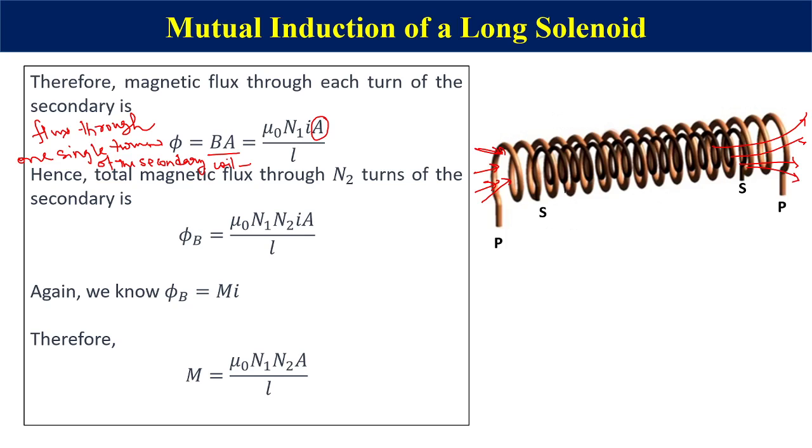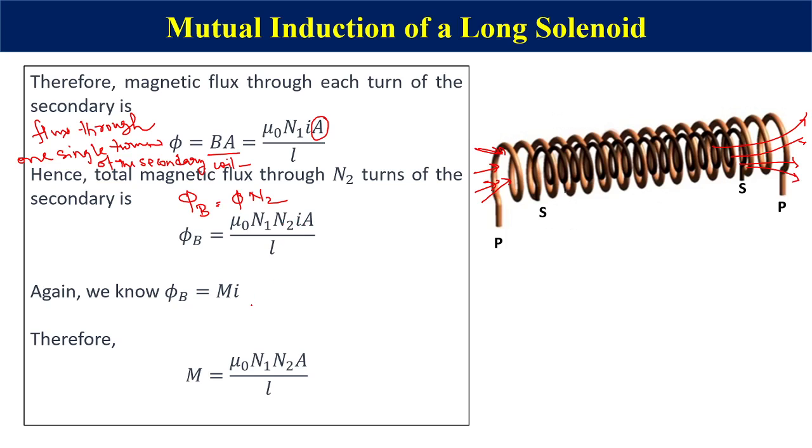All right. Now the secondary has N2 turns. So what will be the total flux through the secondary? That will be simply given by phi B equal to phi into N2. So if you put the value of phi over here, you get mu naught N1 I A by L, times N2.